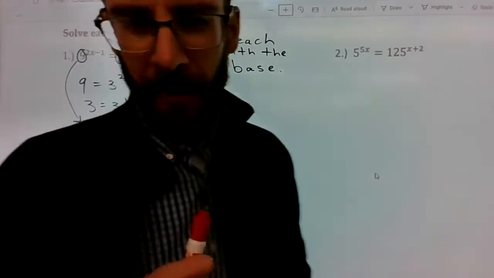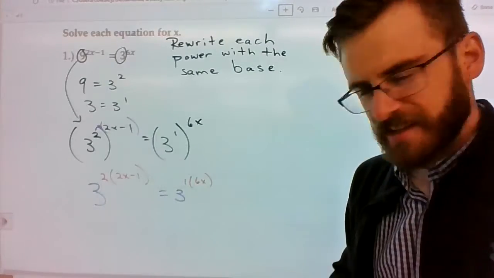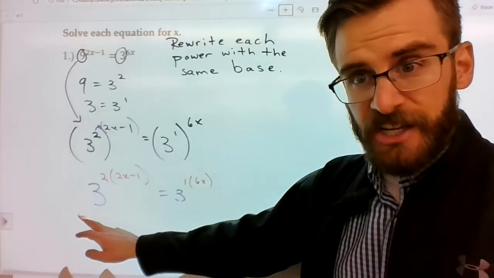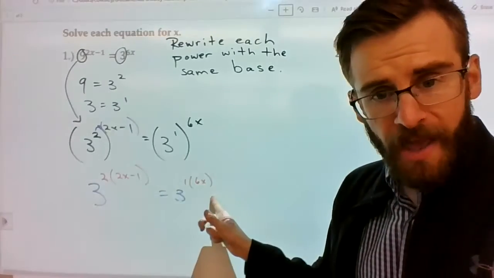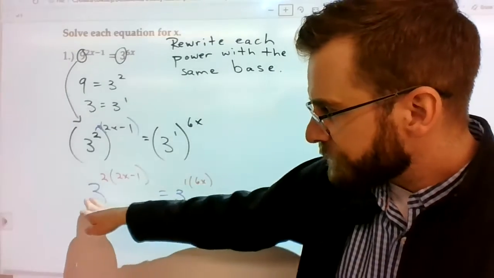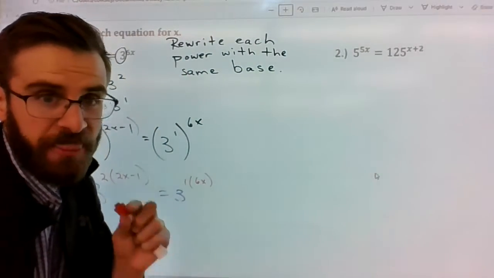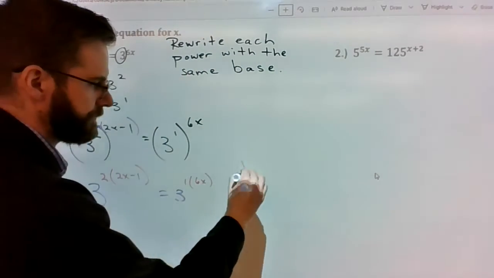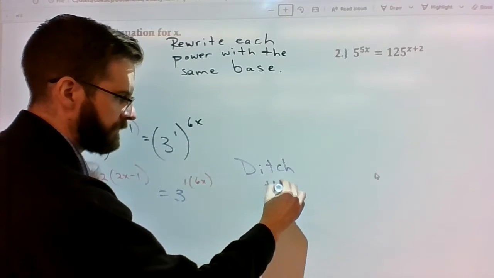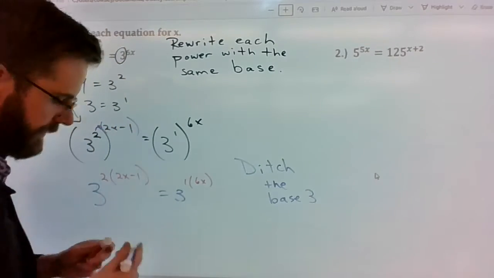Now here's the cool thing about this. Once you have the same base, you can use logic to say, look, if they both have the same bases, you can just solve what you see in red. They should equal the same thing if their bases are equal to each other. So you can ditch the bases and solve the red.